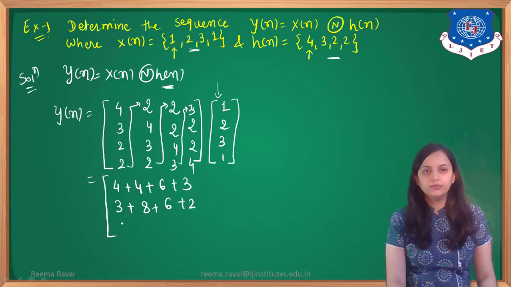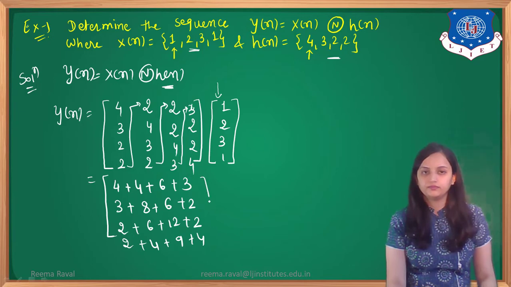The third row will be 2 into 1, 2, plus 3 into 2, 6, plus 4 into 3, 12, plus 2 into 1, 2. And the last row will be 2 into 1, 2, plus 2 into 2, 4, plus 3 into 3, 9, plus 4 into 1, 4. And so the final answer for the first row is 4 plus 4, 8, plus 6, plus 3.